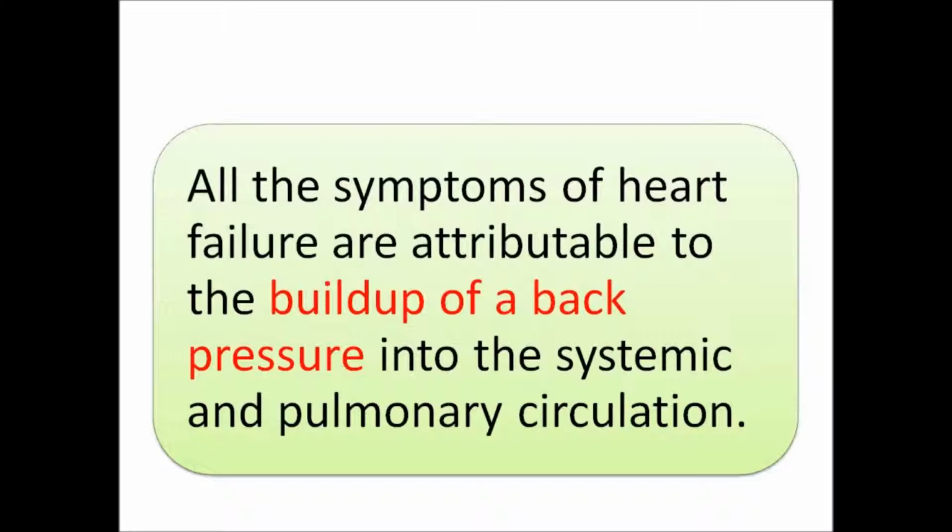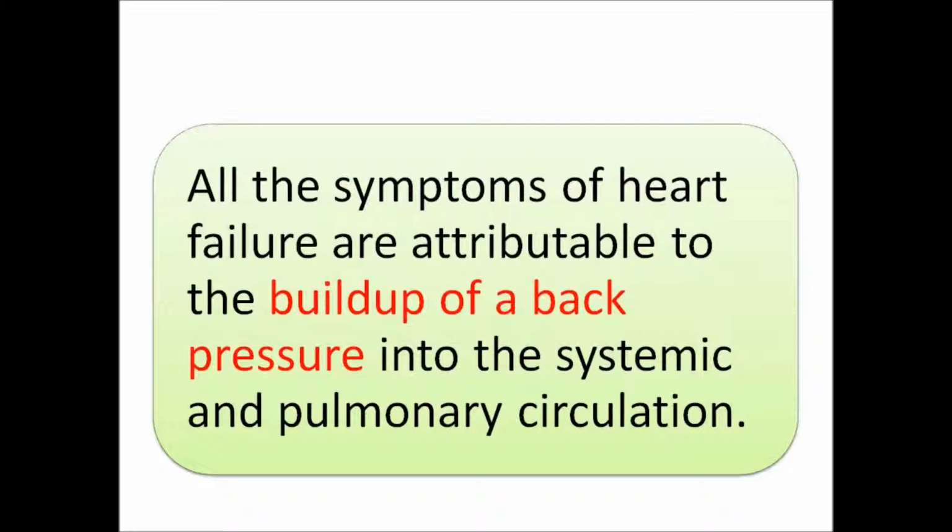So when there is left heart failure, mainly the left side of the heart is failing to pump the blood, this buildup of pressure will be reflected to the pulmonary circuit, and this will give the patients the symptoms of dyspnea, orthopnea, that is dyspnea when lying flat, paroxysmal nocturnal dyspnea.